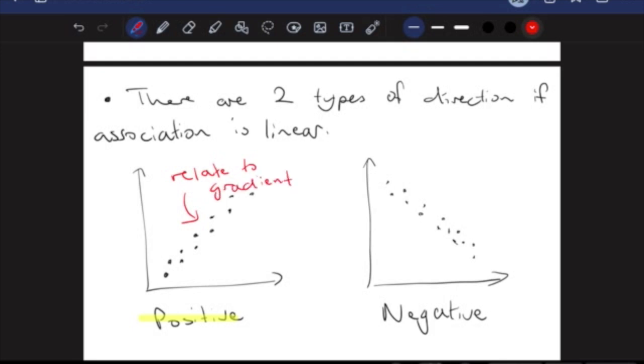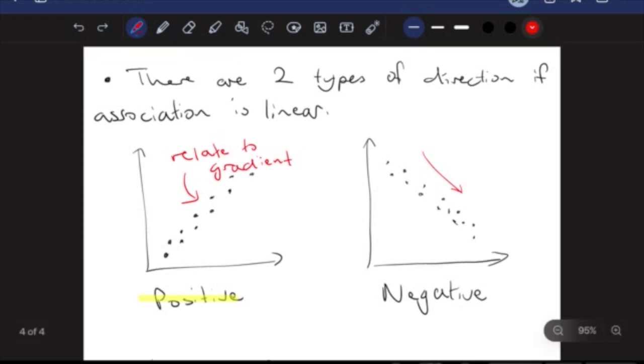Now, just like with the positive gradient, a negative gradient meant that as my x variable gets bigger, my y variable gets smaller. So if we look from left to right, this is going in a downward direction. So in the same way, this relates to our gradient for a line that is negative.